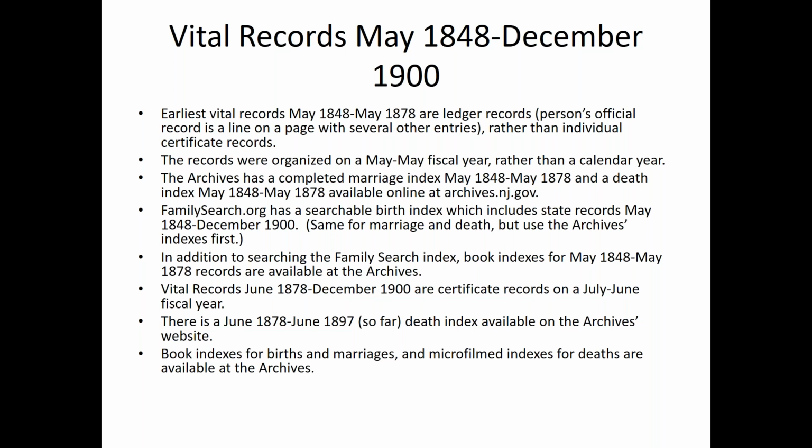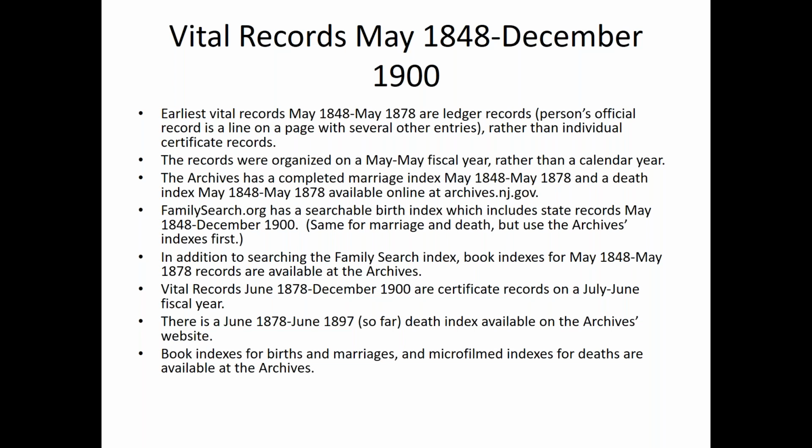The earliest vital records, which are from May of 1848 to May of 1878, are ledger records rather than certificate records, which means your person's birth, marriage, or death record is just a line on the page. And there will be several other entries on that same page rather than an individual certificate record. These particular records, the earliest, were organized on a May to May fiscal year rather than on a calendar year.